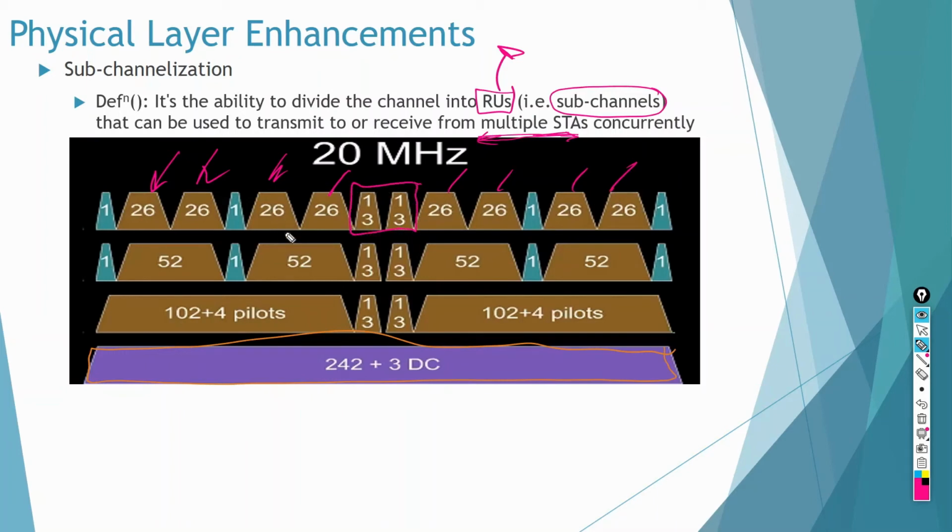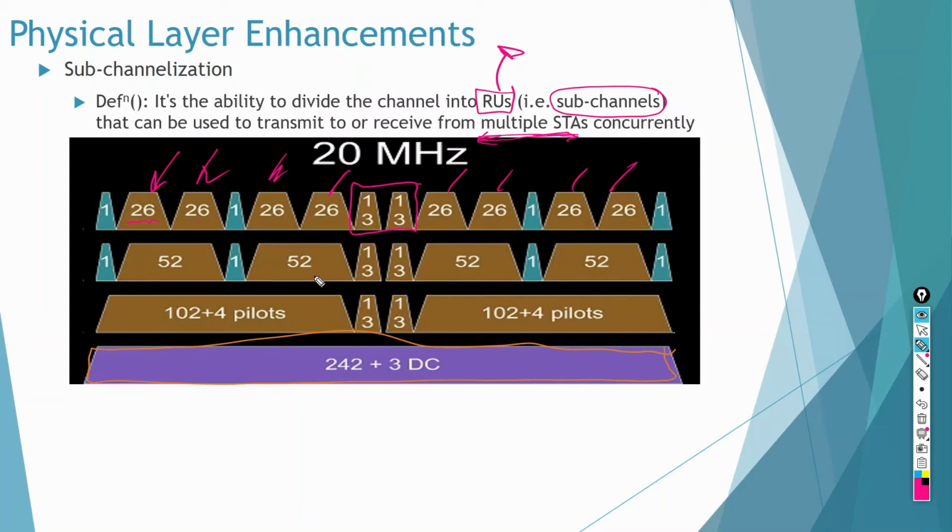So what is an RU? It is a kind of grouping of frequency subcarriers together to form a resource unit. This resource unit contains 26 subcarriers, same case for the others. You cannot create an RU using a number less than 26 frequency subcarriers.